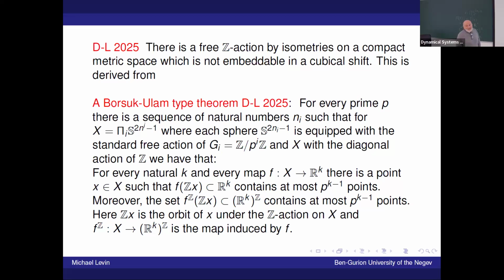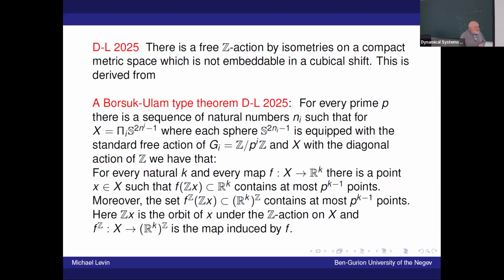Actually, it says even more. It's not only that we cannot embed this action into a cubical sheet, there is no orbit-resolving map to the cubical sheet. So we cannot send the orbits of the space injectively to a cubical sheet.